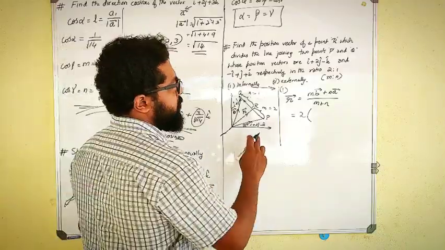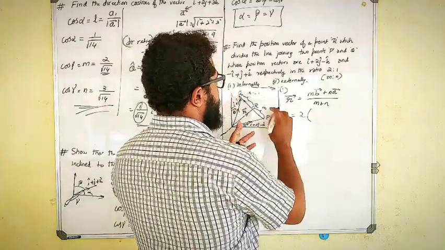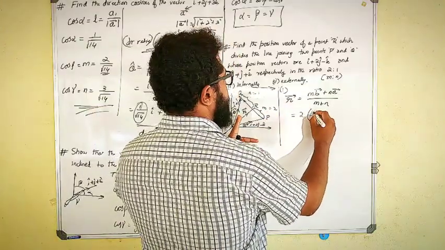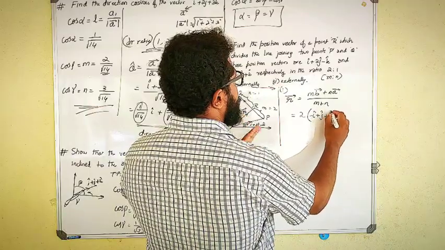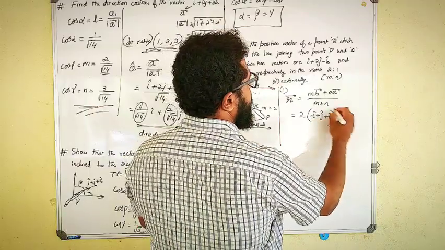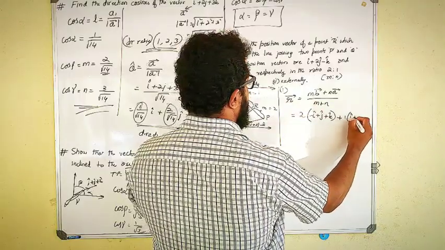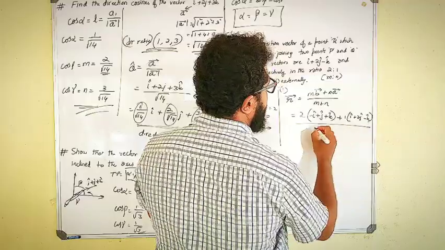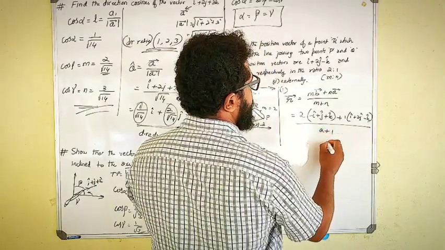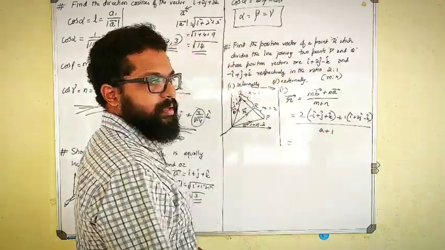Okay? Done. So here m is 2 and b vector is minus i cap plus j cap plus k cap, n is 1 and a vector is i cap plus 2j cap minus k cap, divided by m plus n, which is 2 plus 1.